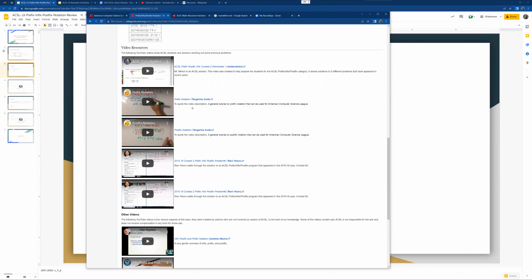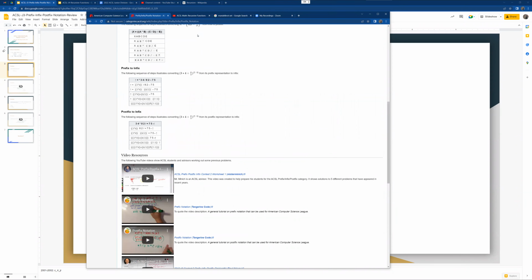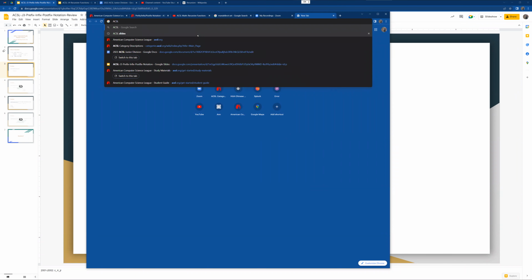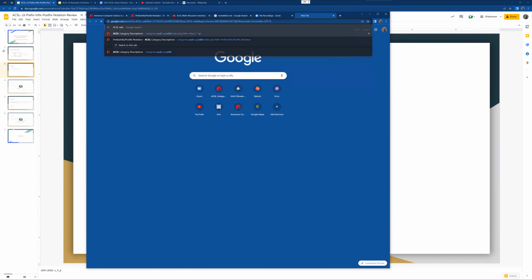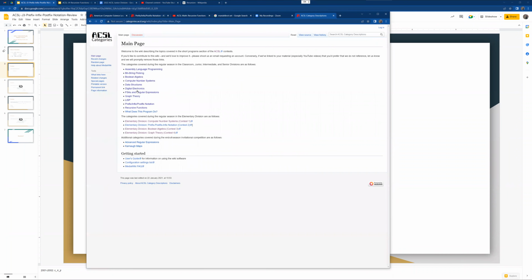Again, it's ACSL.org. This is their wiki, so just go on there or just Google for ACSL wiki. You'll find these topics.